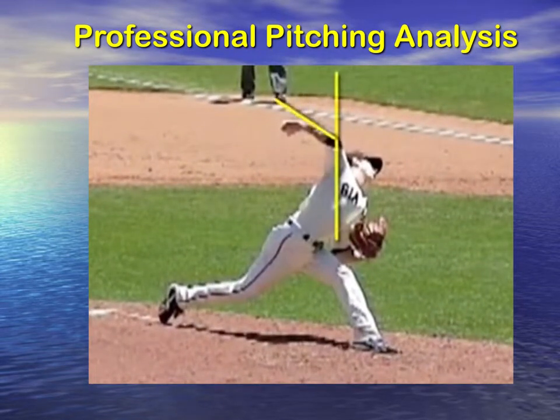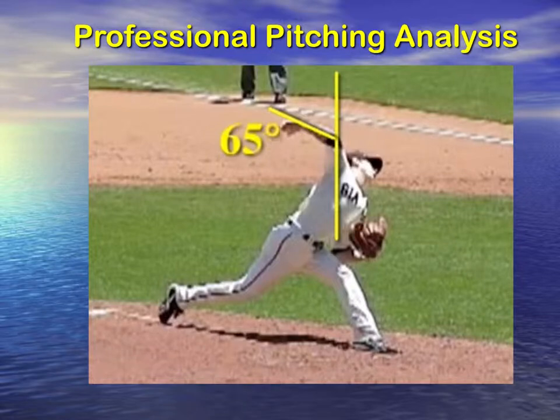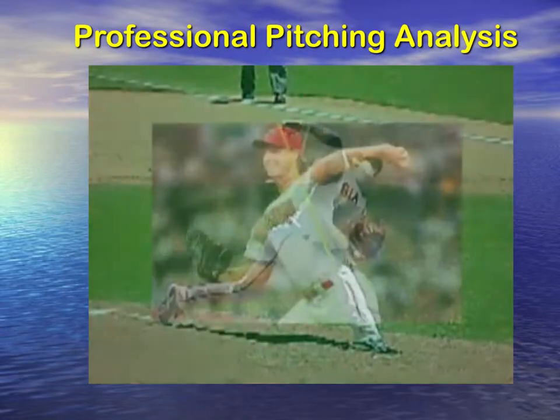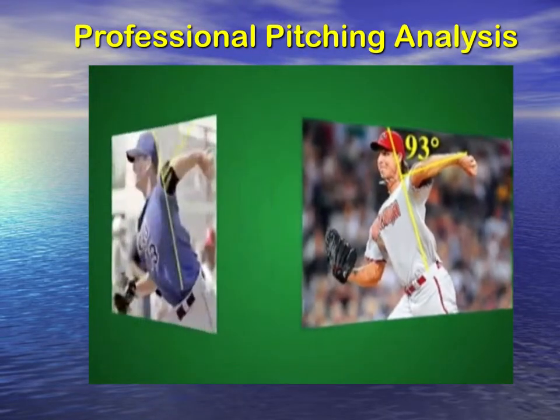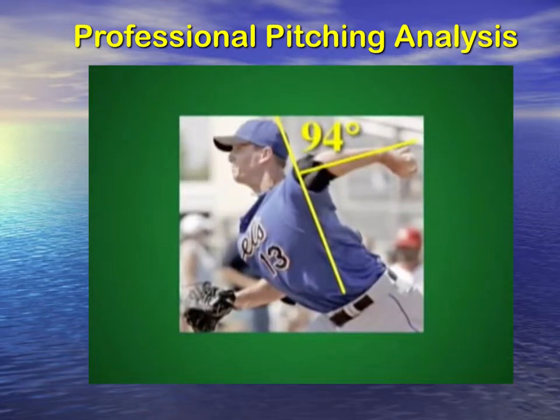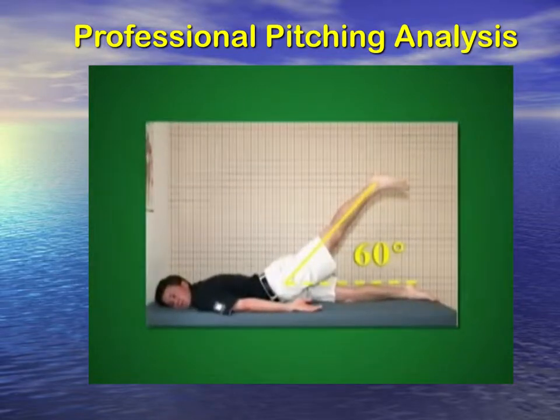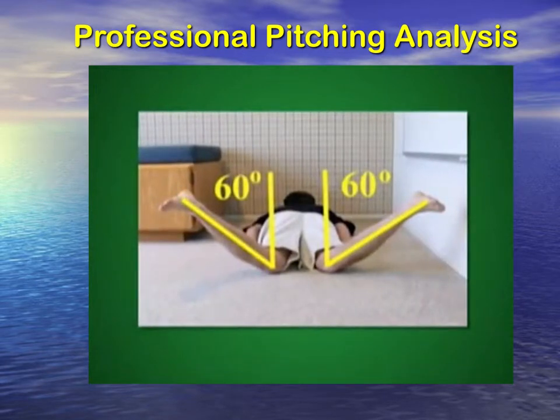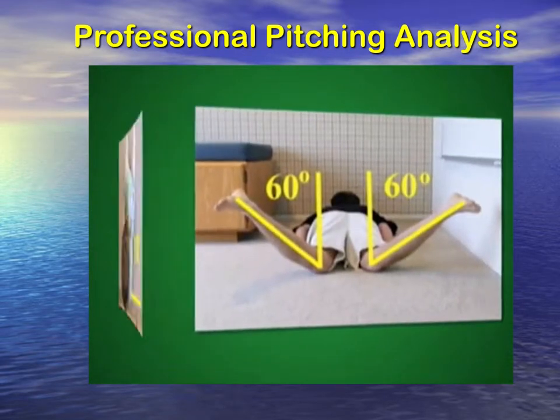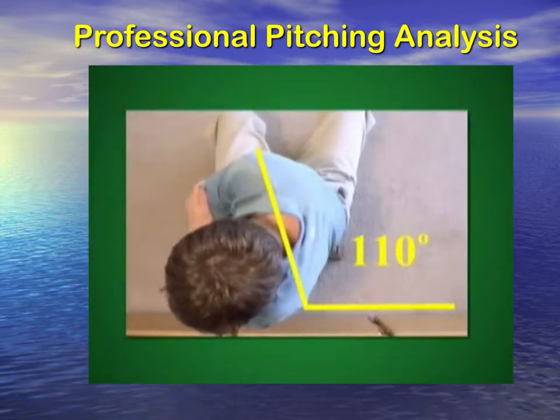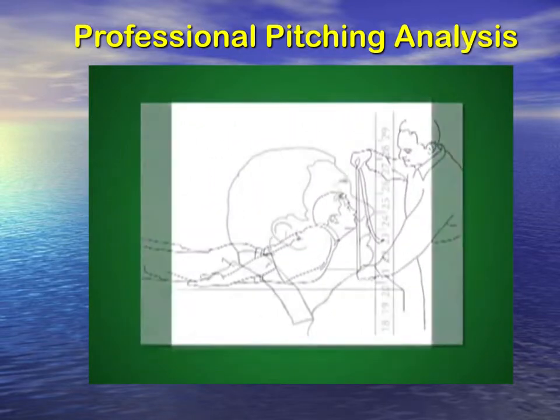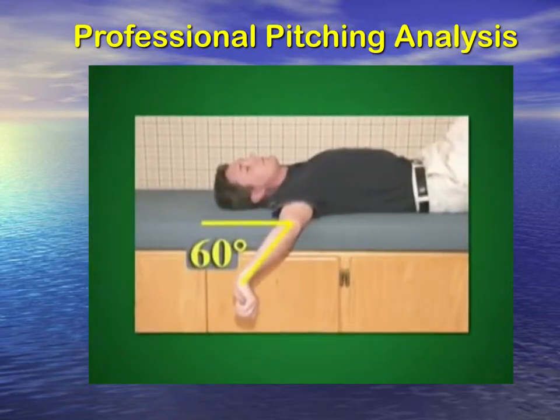His external arm rotation, as we showed before, is 65 degrees, but other pros have more than 90 degrees, as you can see here. For an efficient range while pitching, you need a minimum of 95 degrees of hip abduction, 60 degrees of hip extension, 60 degrees of internal hip rotation, 110 degrees of trunk rotation, 24 inches of back extension, and 60 degrees of external arm rotation.